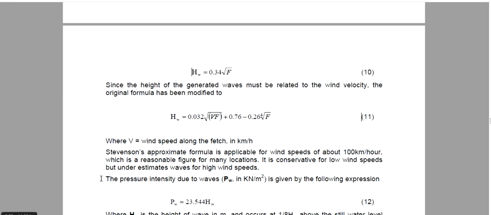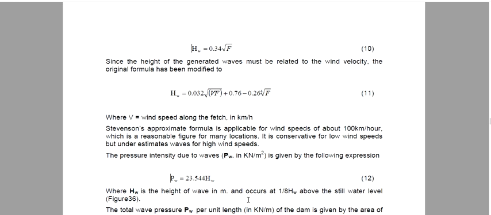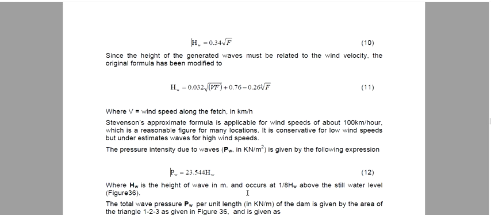The pressure intensity due to waves in kilonewton per meter square is given by this expression: Pw is equal to 23.544 Hw, where Hw is the height of wave in meters, and this pressure occurs at a height of 1/8 Hw above the still water level, or you can say 0.125 Hw above the still water level.